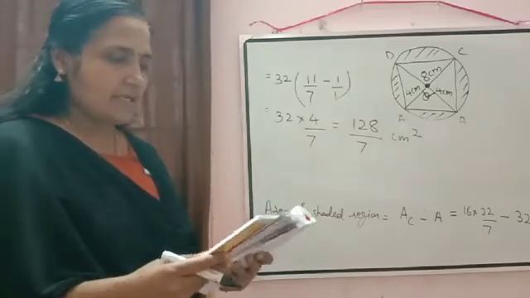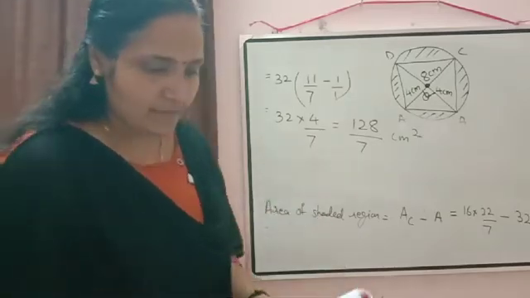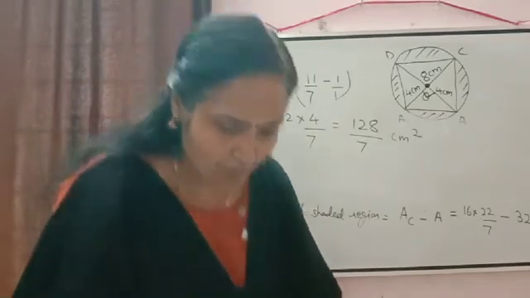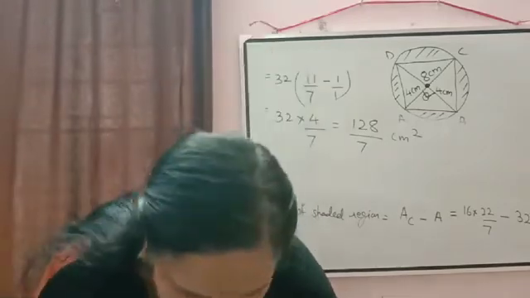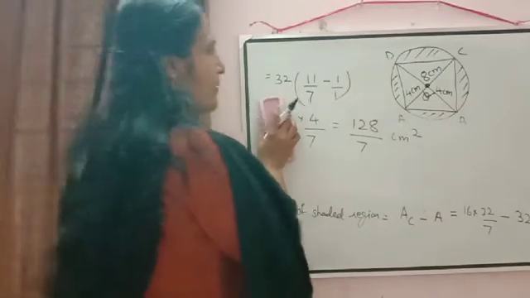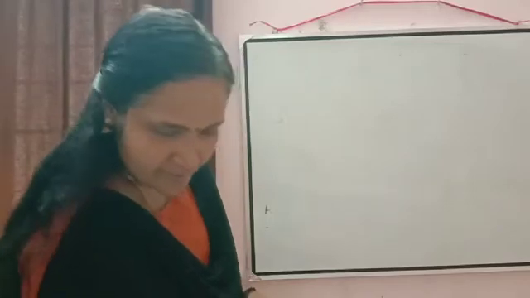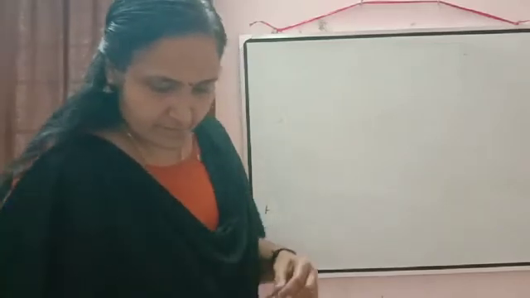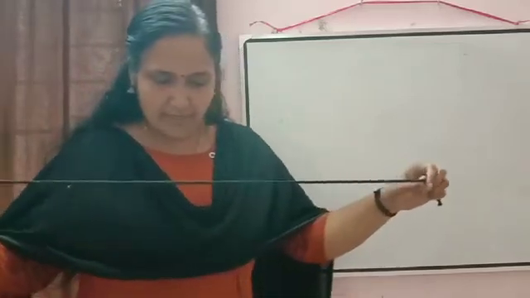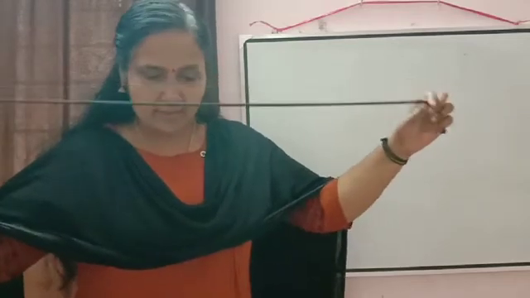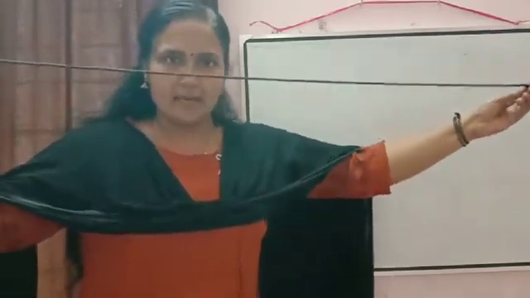The next question, it is written, a copper wire when bent in the form of a square encloses an area of 484 centimeter square. So just to check, I don't have a copper wire here. I have taken a piece here. So it is written a copper wire, this wire, total length I am taking here. Okay.